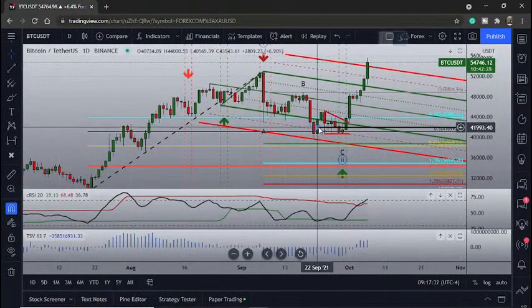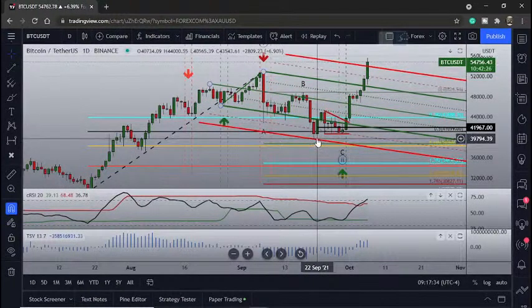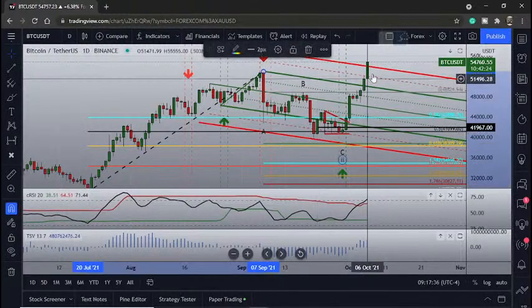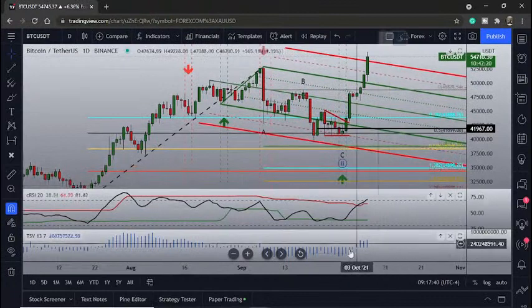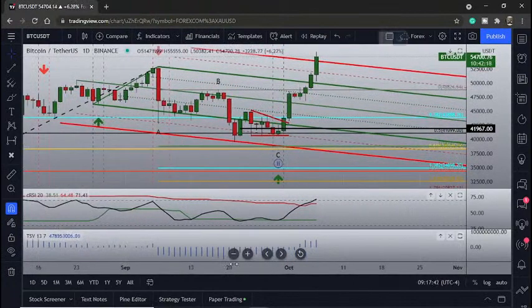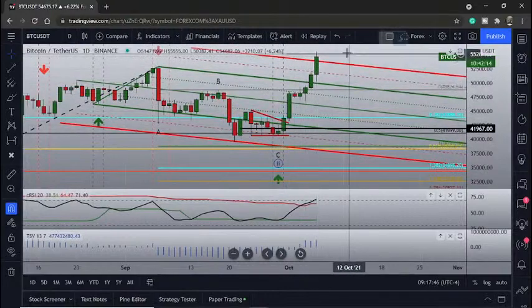On the 22nd of September, price was at this level here, and I gave you another time zone where I believe we're going to see a strong move to the upside. Price moved exactly into the zone, and whoops, there it went.